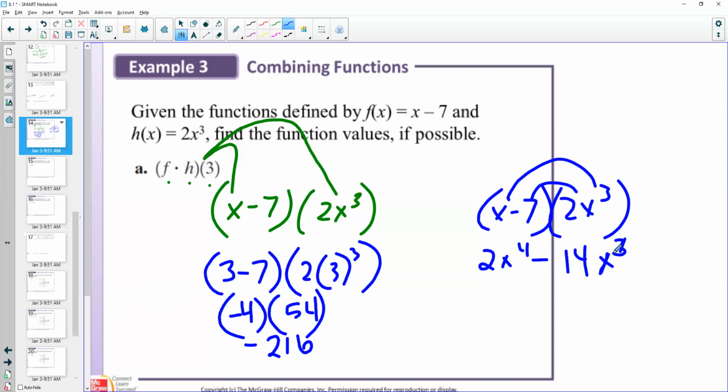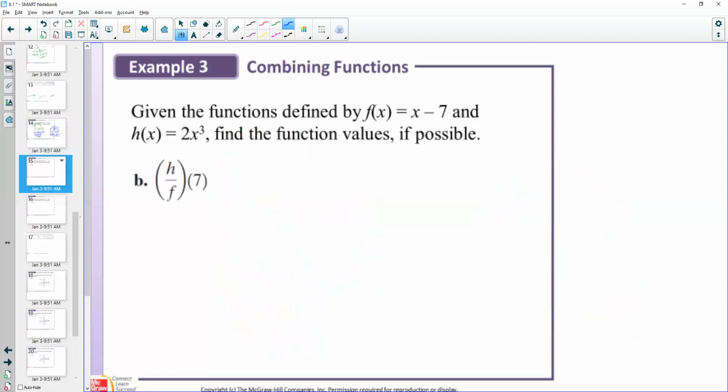Certainly, I could then put 3 in, and the math will work out. But you'll see it's a lot more complicated over here. Sometimes you're going to look at one version of this and think, oh, that's a lot harder, and you do the other way. That's fine. Both will work. And you have a calculator. You should use it.